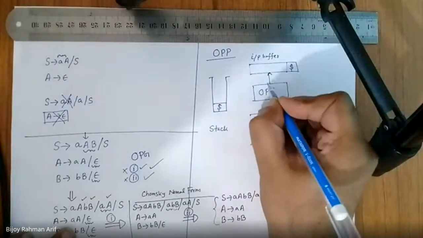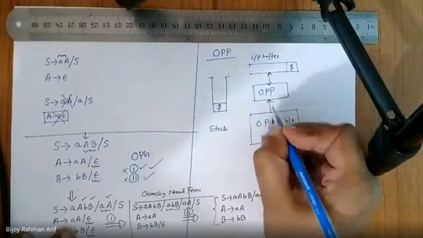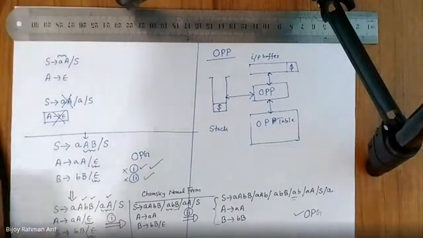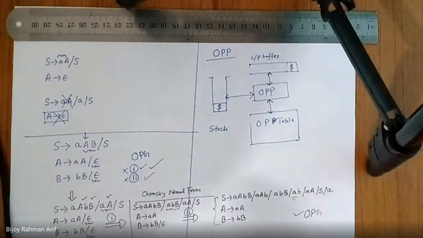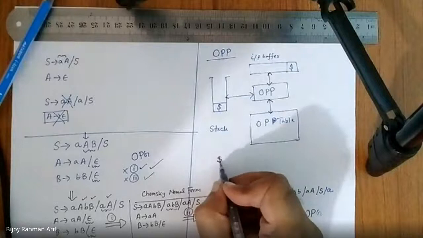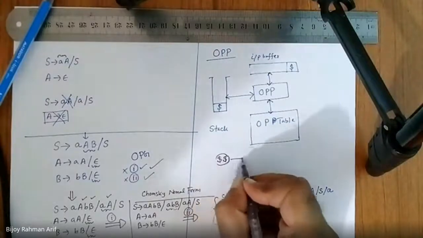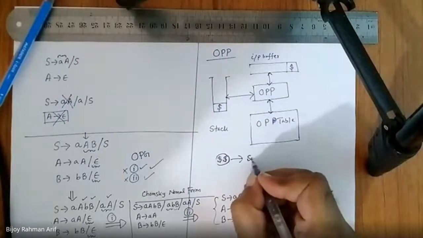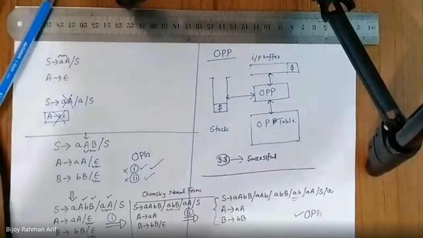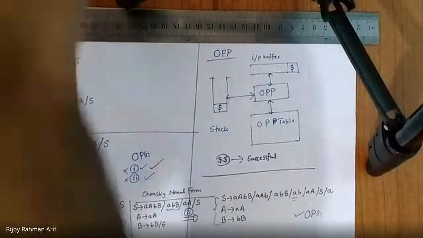The schematic diagram of all the parsers is the same. This is the schematic diagram. And we know the terminating condition. What is the terminating condition? When dollar meets dollar, we are going to say successful. Same thing, no difference, same schematic diagram.